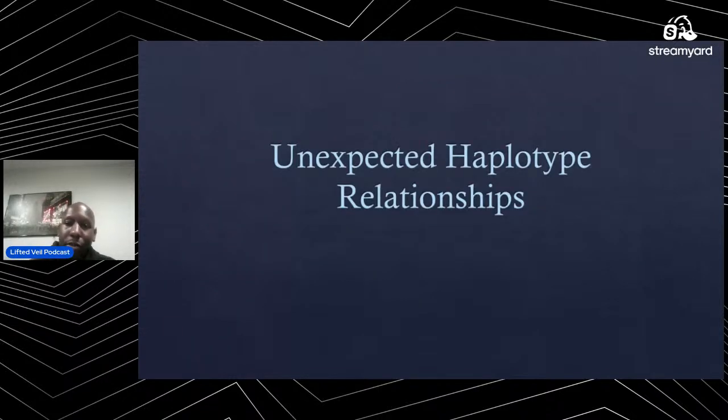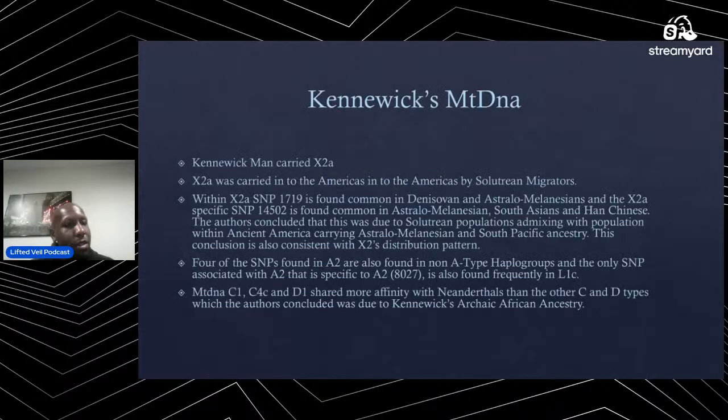Unexpected haplotype relationships. This is important as well. Kennewick Man's mtDNA: Kennewick Man carried X2a. X2a was carried into the Americas by the Solutrean migrators. At least that's what they concluded. Right.